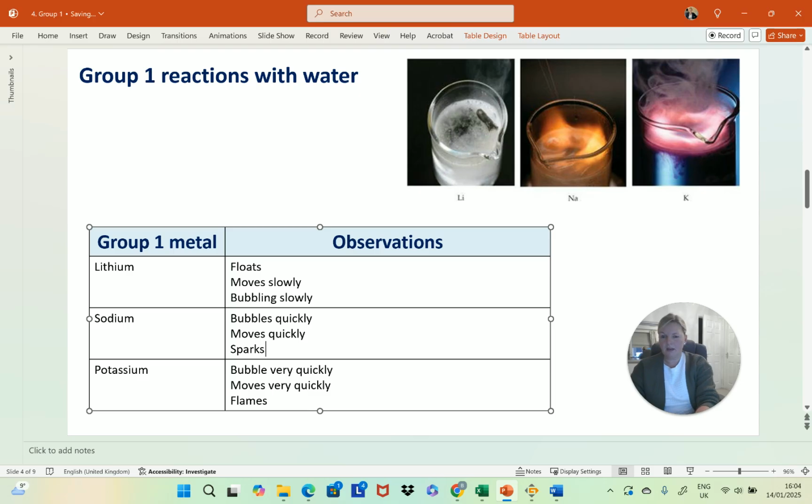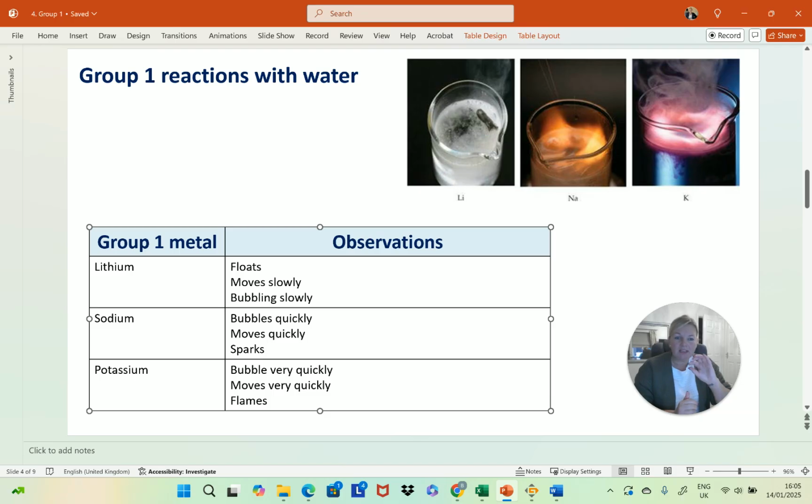Now there are other observations that you could put down. So all of them eventually disappear because they react with the water, producing hydrogen gas and lithium, whatever oxide, so lithium will produce lithium hydroxide, sodium hydroxide, etc. So eventually they react with the water, so they completely disappear.